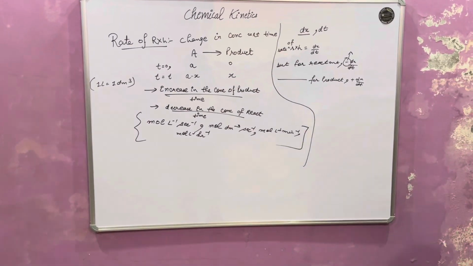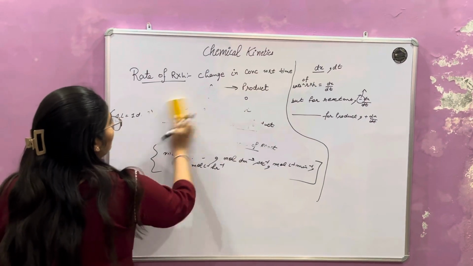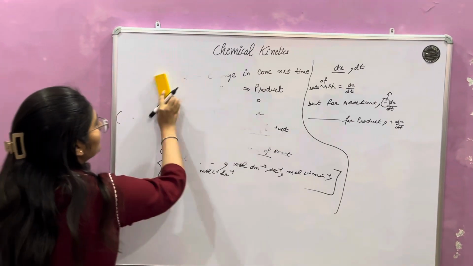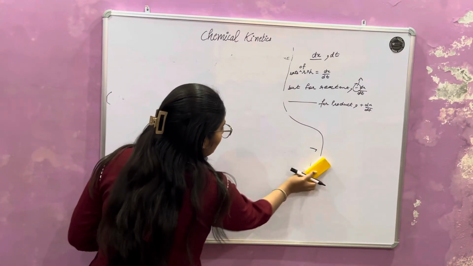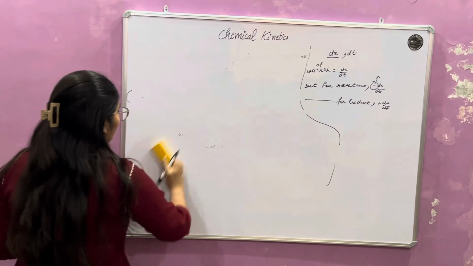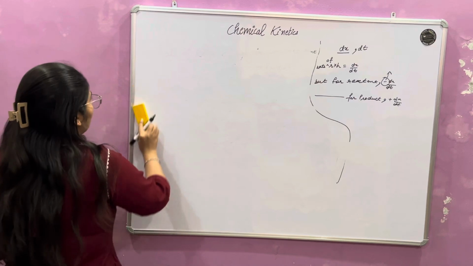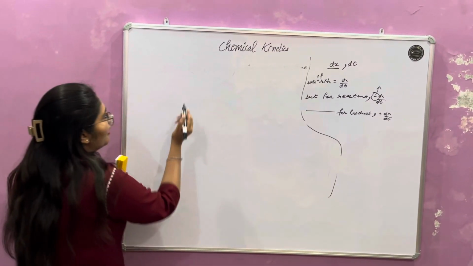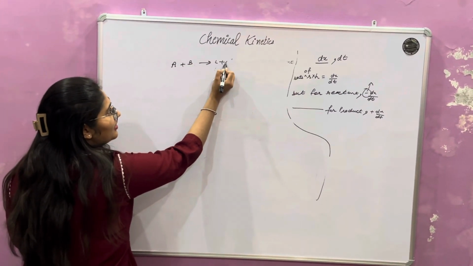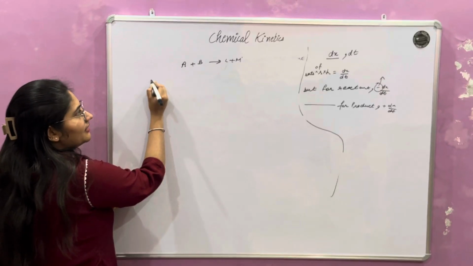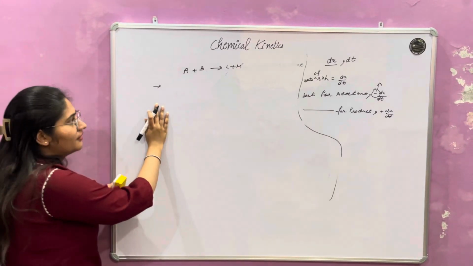If I have the reaction A plus B gives L plus N, then how can I write the expression for rate of reaction?